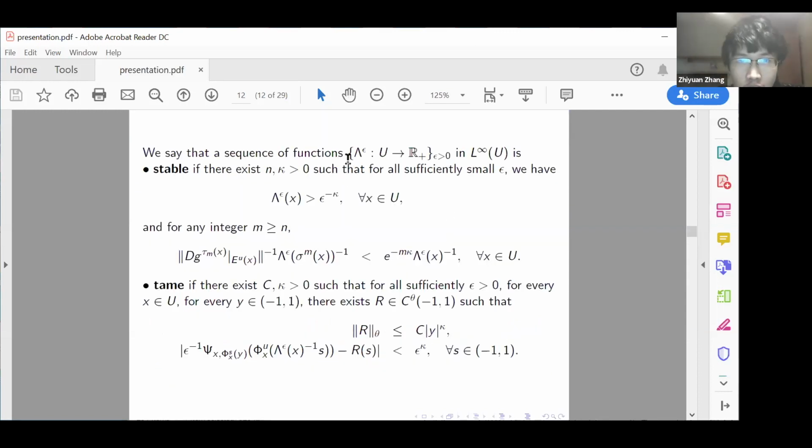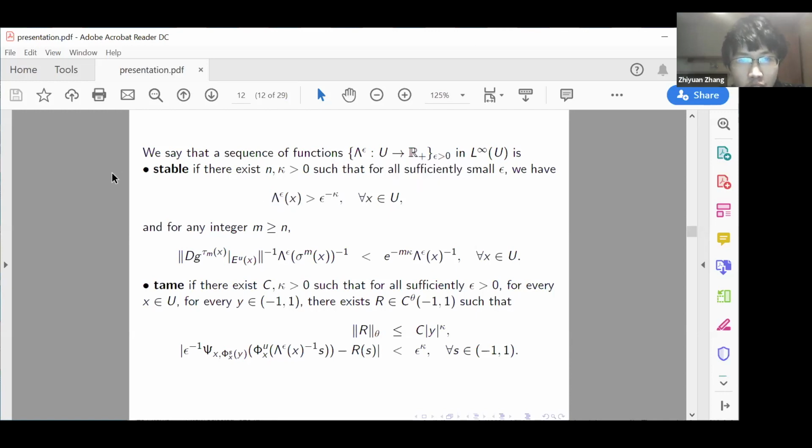So we will consider a sequence of functions. This function will describe the scale we will be working on. We consider this to be very big. Actually, in our case, this kappa will be bigger than or equal to 1.